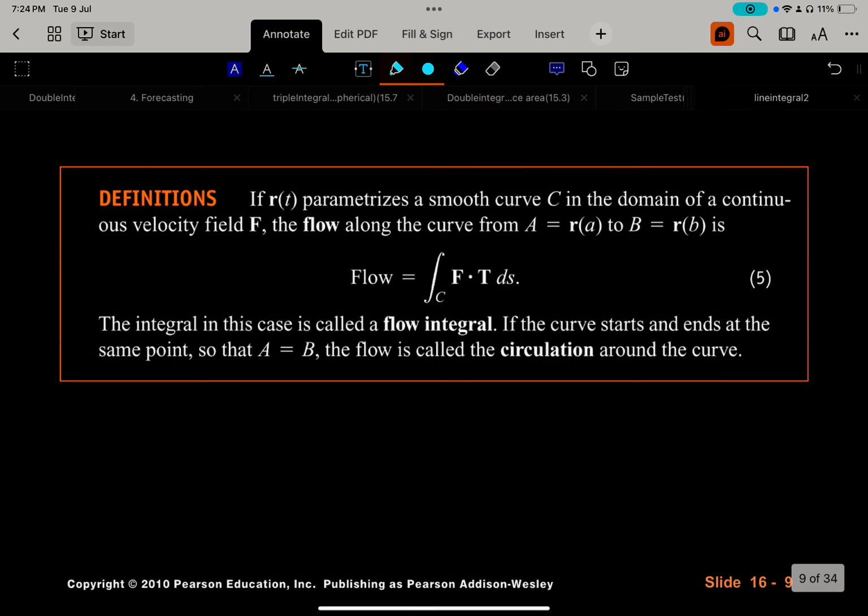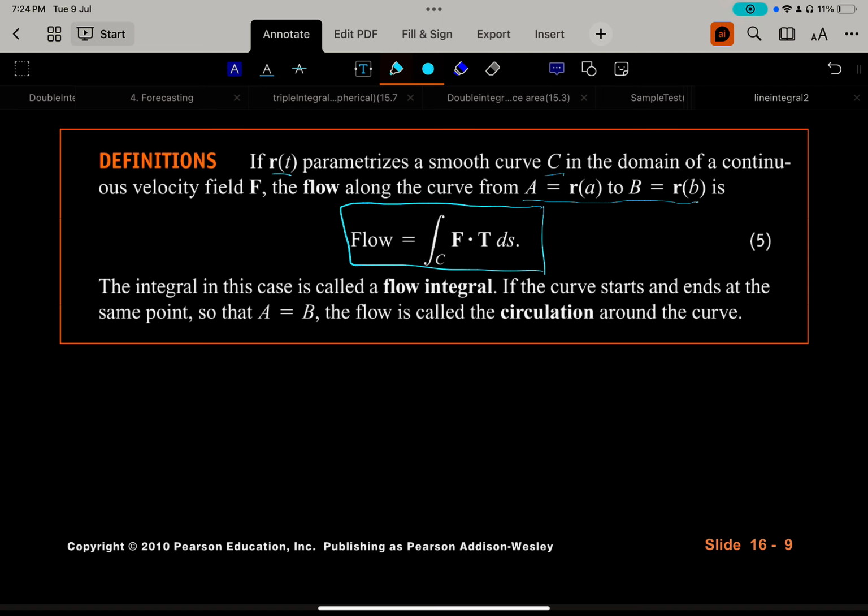Okay, now moving on to the flow. Let's define the flow. If r of t is a curve parameterized in a velocity field, the flow is from A to B. The flow is defined by the integral of F dot T ds, and the integral is called a flow integral.